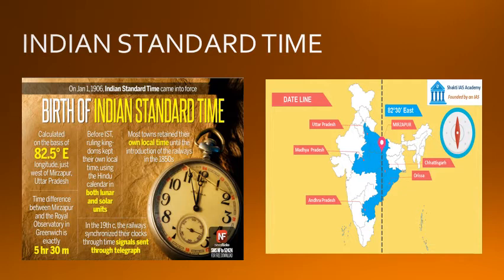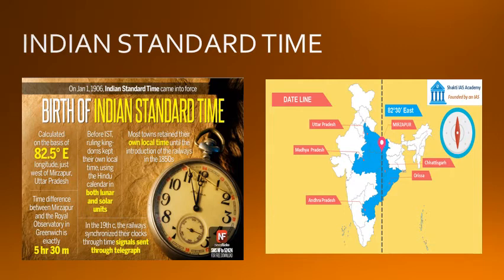You can see in this map the difference of time between GMT, meaning Greenwich Mean Time, and 82.5 degrees east is 5 hours and 30 minutes. As the standard meridian of India is towards the east of the prime meridian, it means the standard time of India is 5 hours and 30 minutes ahead of GMT. This is called the Indian Standard Time or IST.